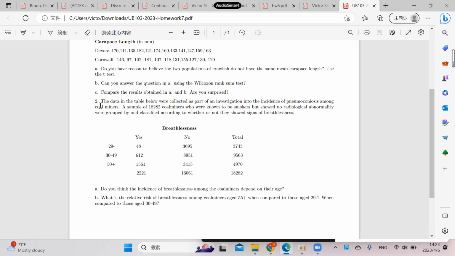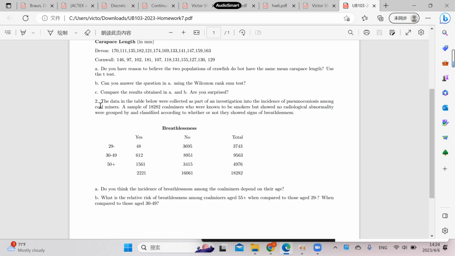And then you take the ratio. You're gonna find the relative risk, and intuitively, it's like how many times more risky for 50 plus years old than 29 years old or less. So that's your part B.